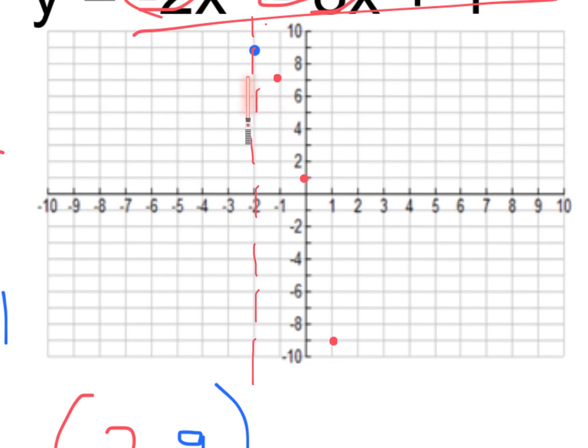So one space, 1, 2. 1, 2, 3. Alright, and then we'll connect our dots.